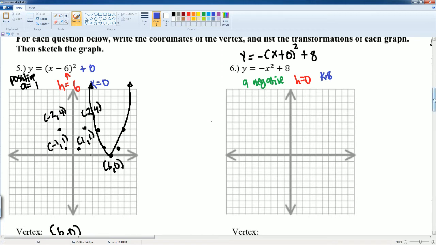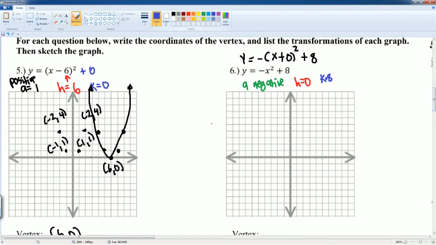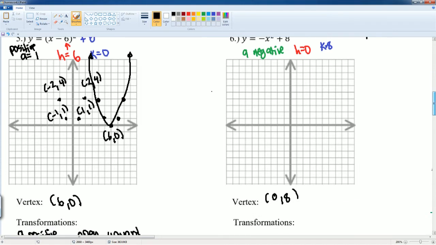So we could also get the vertex. The vertex should be (0, 8). And that would be the vertex, right? Because that's your h and your k. So let's just write that here. And let's do the transformation.